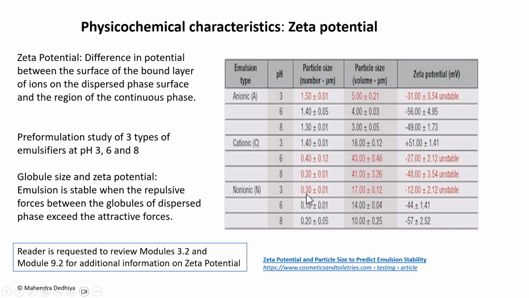Non-ionic emulsion, particle size is 0.3 micron or 300 nanometer, and zeta potential is unacceptable. Zeta potential at pH 6 is low, whereas zeta potential at pH 8, although particle size is higher than pH 6, it's more stable. Preformulation laboratories to select emulsifiers.